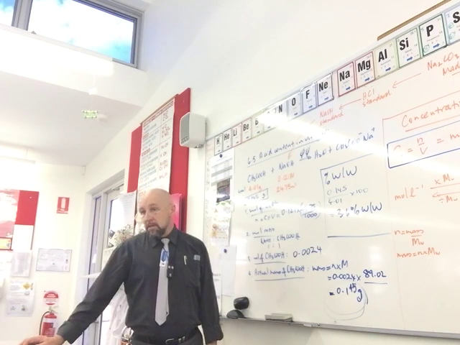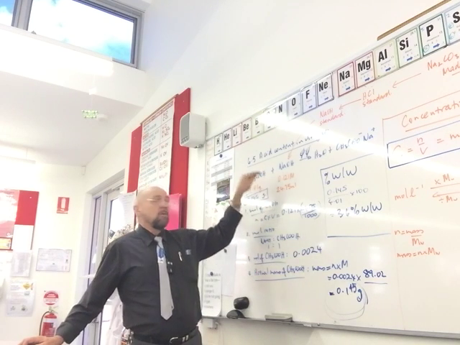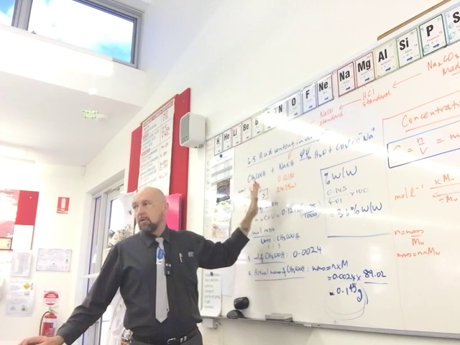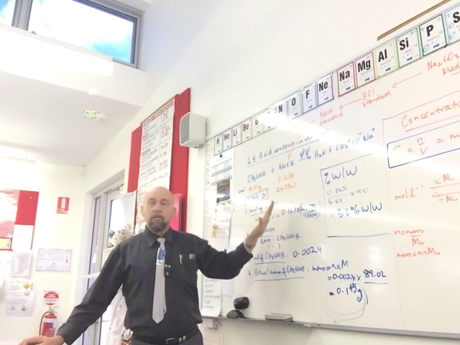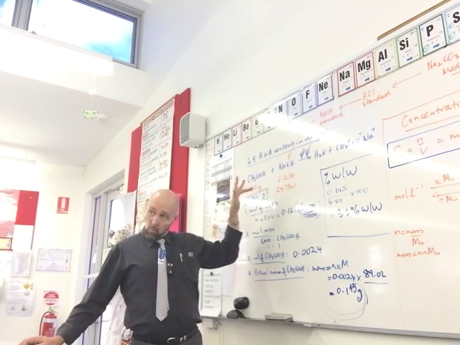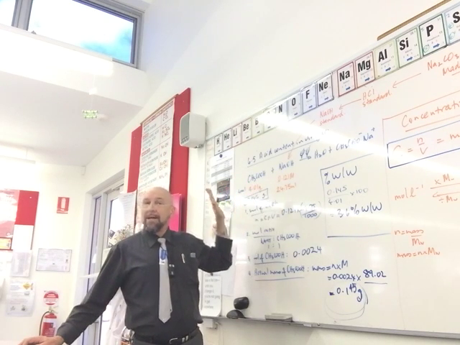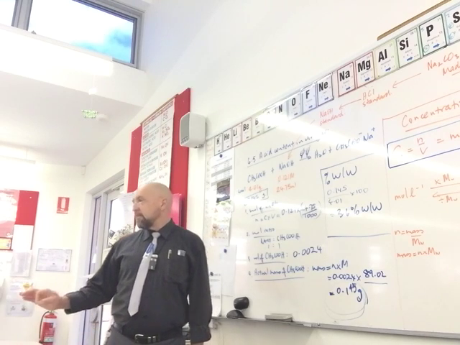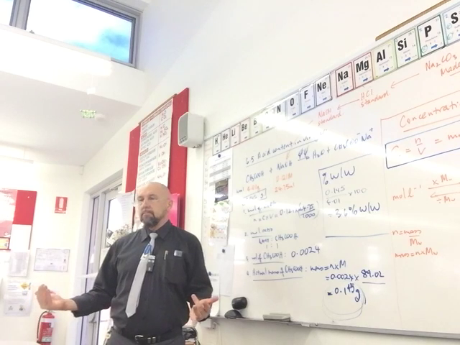When we did it for a volumetric analysis, we had 25 mLs, 25 mLs, 25 mLs delivered from a volumetric pipette accurately. We can then use concordant titres in that scenario. In the acid weight by weight, because we're using a mass, unless all your masses are identical, you can't use concordant titres. But I don't want you to stand at the balance for half an hour to try and get the exact mass every time you do your titration.